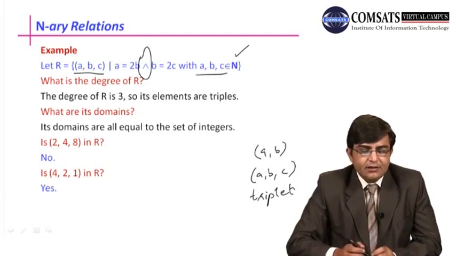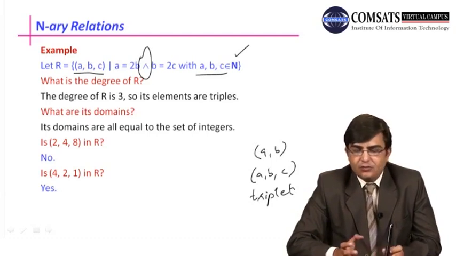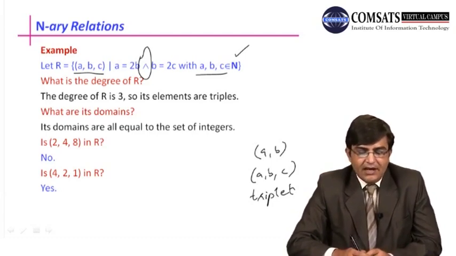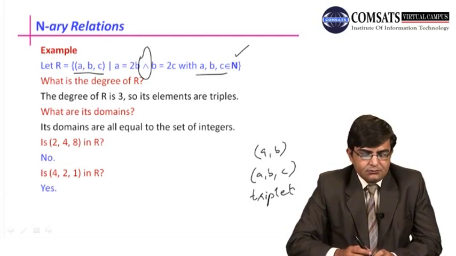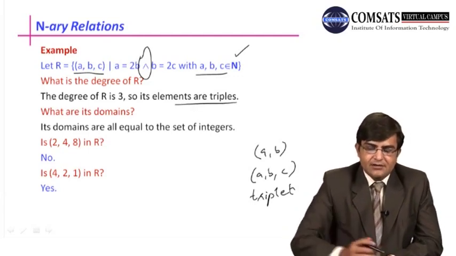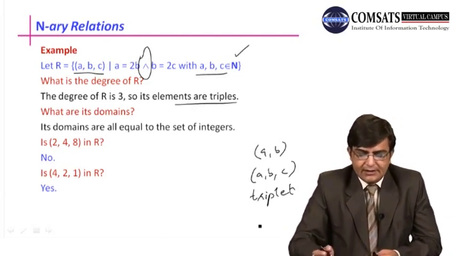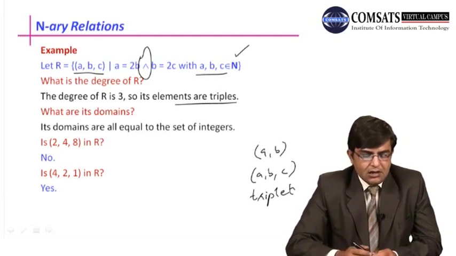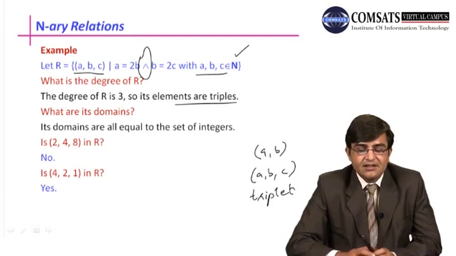Now what is the degree of this relation? The degree is obviously 3 because n is 3 here, and its elements are triples or triplets, as I told you. What are its domains? Its domains are the set of natural numbers.